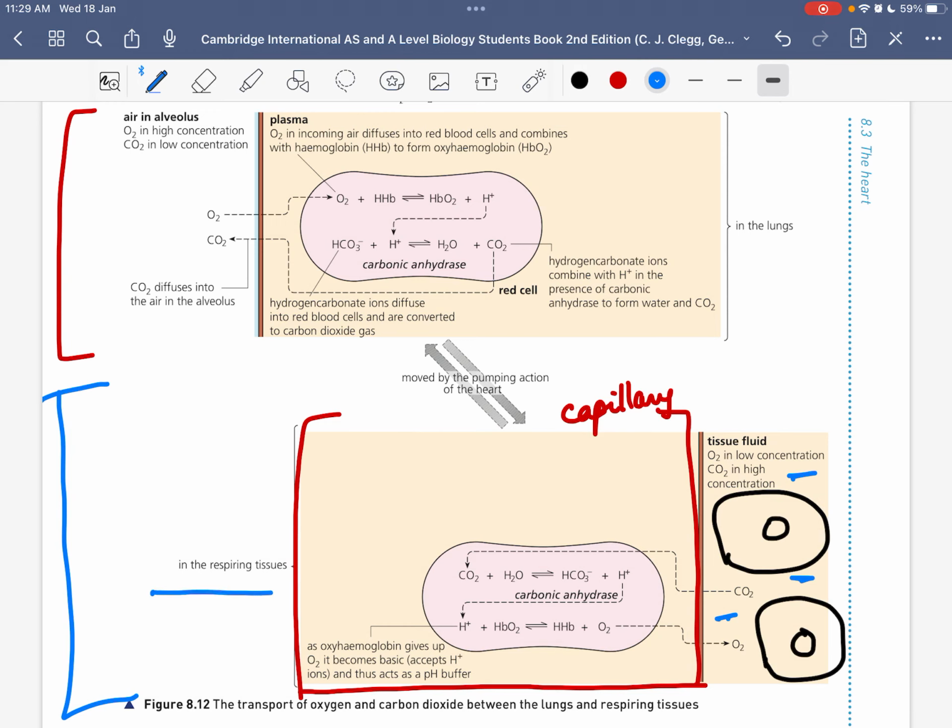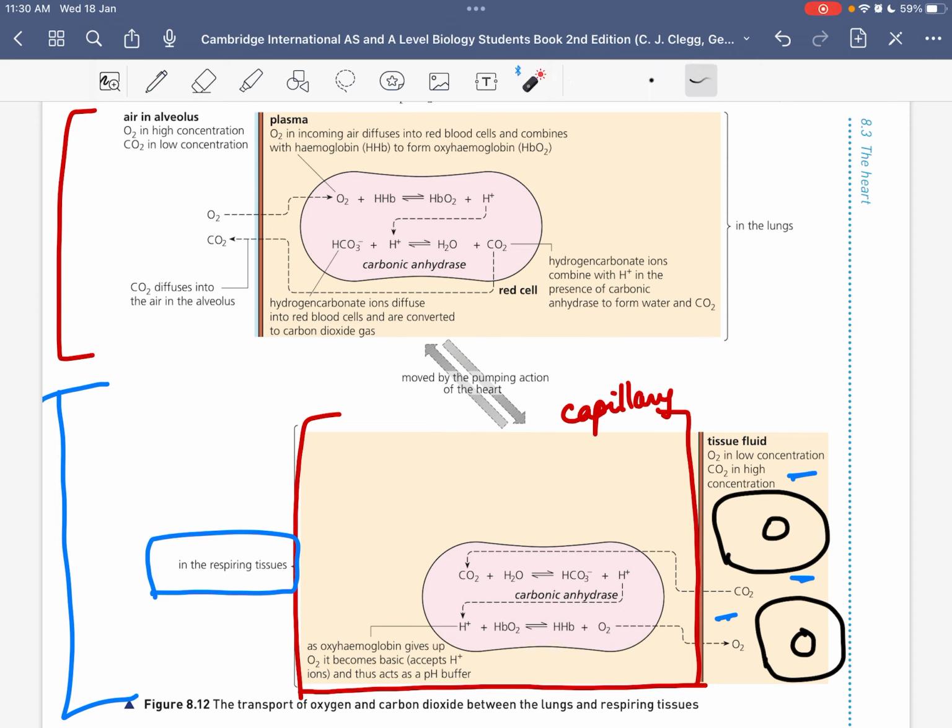What's written over here? Respiring tissue. So we are in the respiring tissue, and since cellular respiration is taking place in the respiring tissue, we expect the concentration of oxygen to be less in the respiring tissues because they are oxygen poor, and the concentration of carbon dioxide to be more in the respiring tissues.